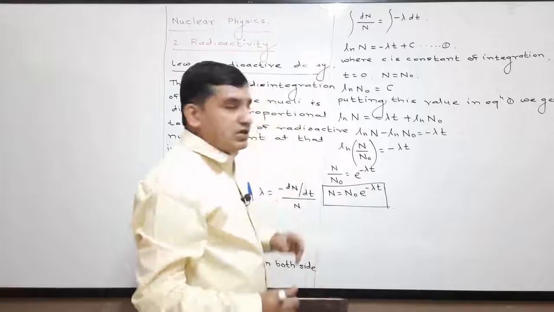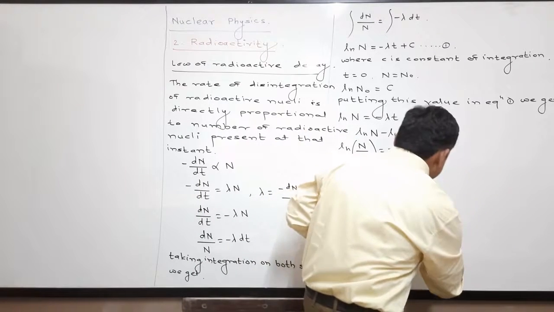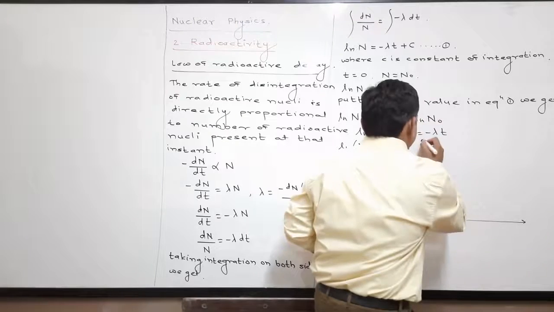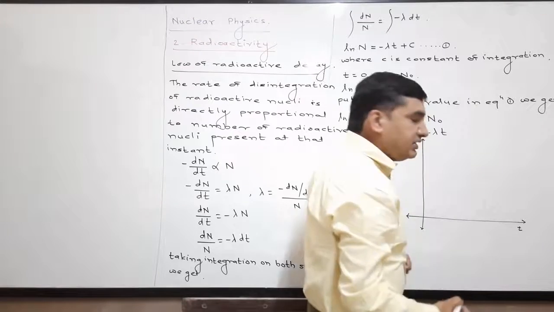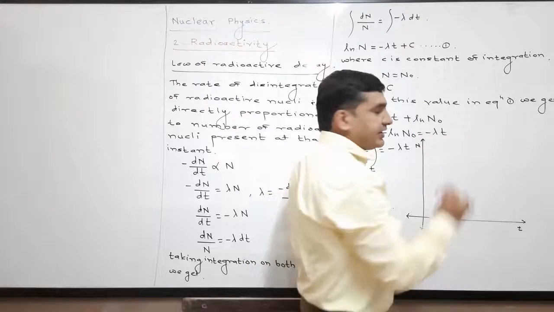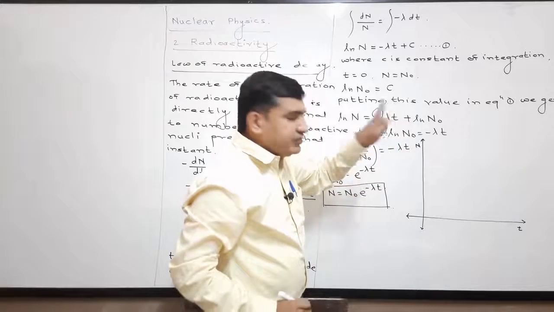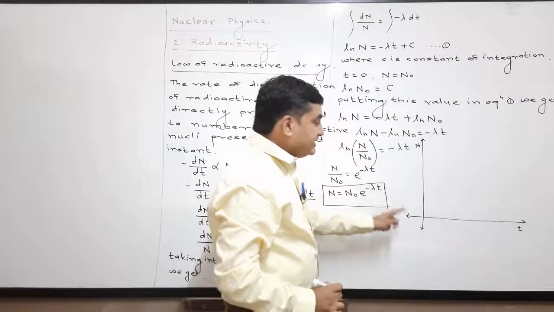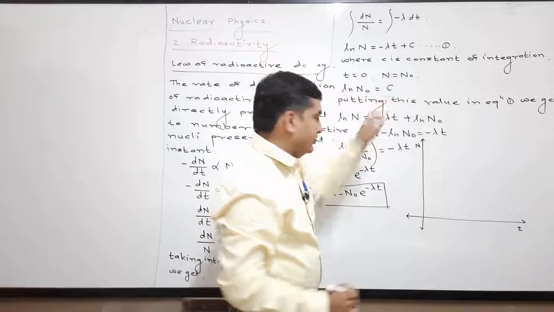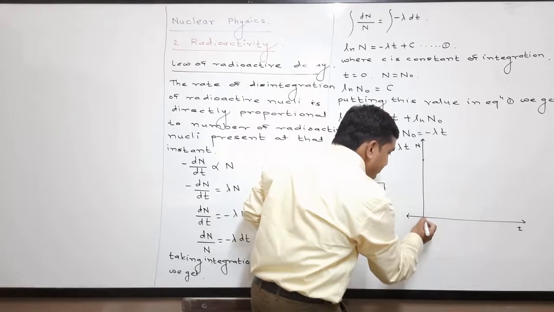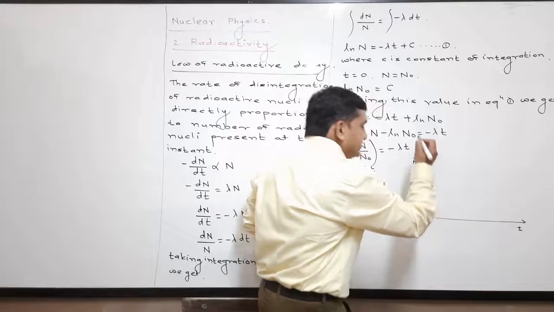And when we plot a graph of the number of radioactive nuclei versus time t, here the x-axis is time t and the y-axis is the number of radioactive nuclei, N. We know that when time t equals 0, the number of radioactive nuclei is N0.